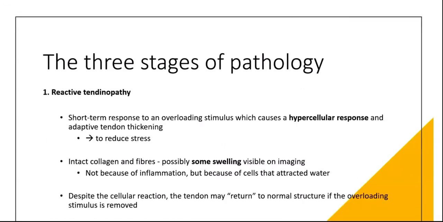Well, there are 3 stages of pathology, and the first stage is the reactive tendinopathy. And what is the reactive tendinopathy? Well, this is a short-term response to an overloading stimulus which causes a hypercellular response and adaptive tendon thickening.